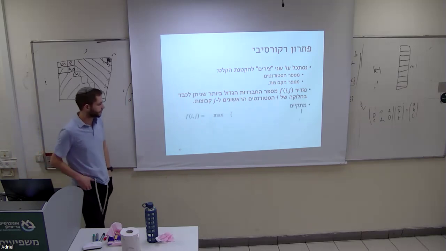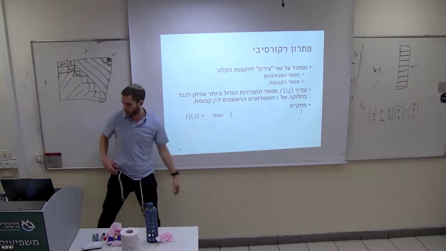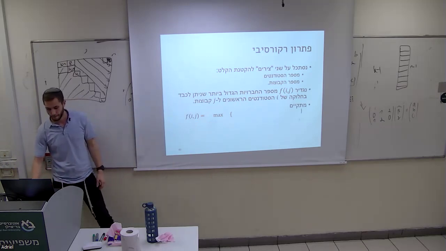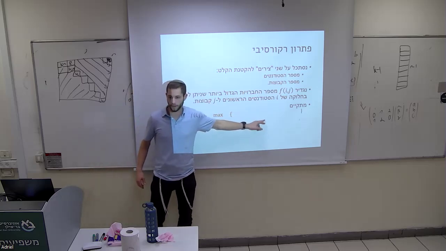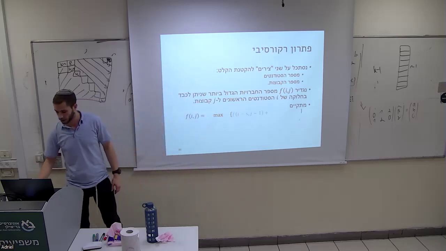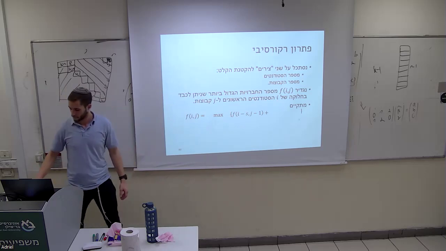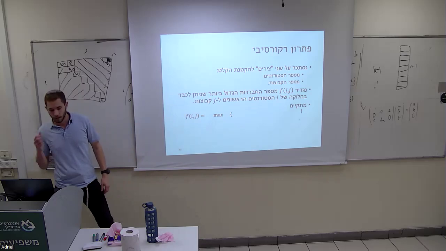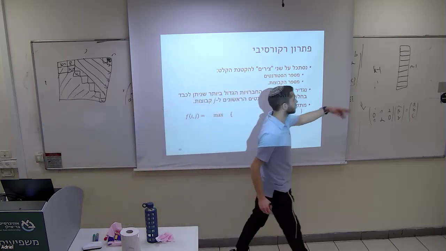So now let's define our function. f(i, j) equals the max of the different options that we have. So what are our different options? Either, like you said, end the group or not end the group. But here it's not an element that we can add or not add.